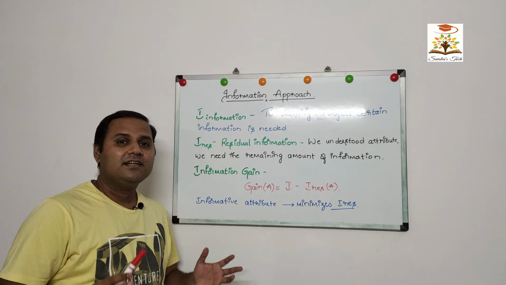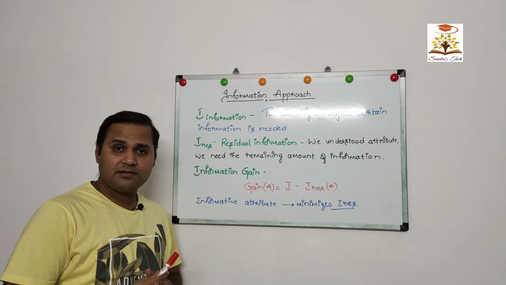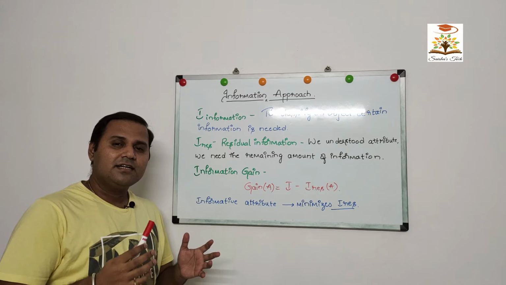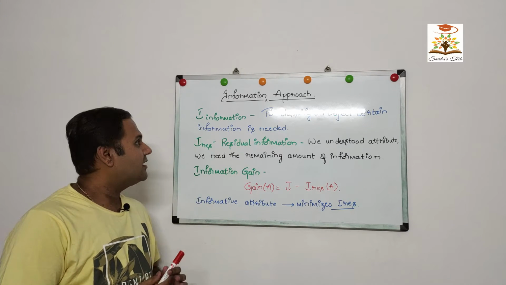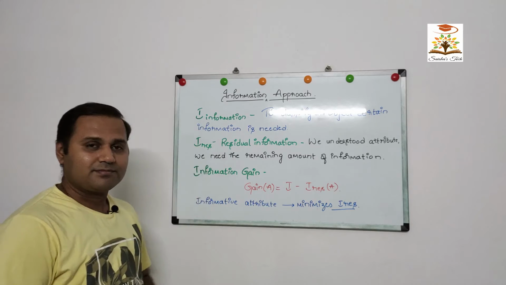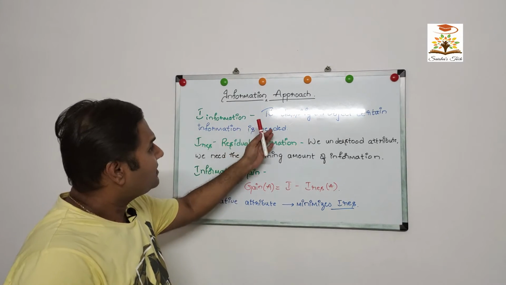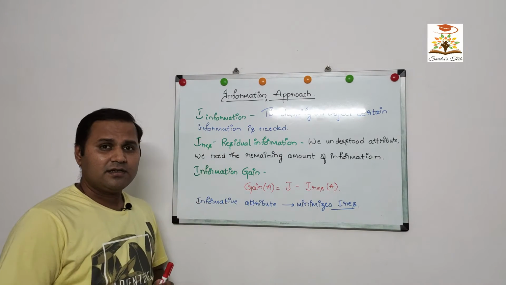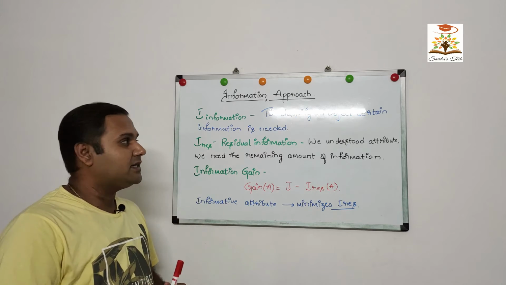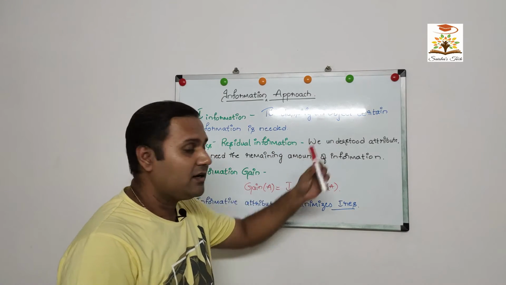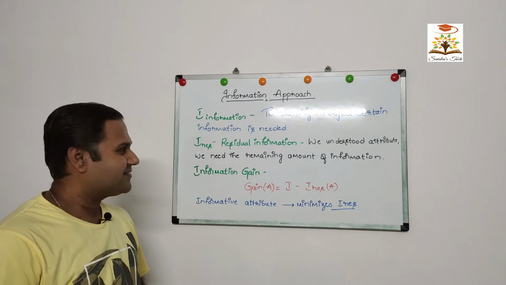Let us understand the information approach for understanding the decision tree for classification. Information: it is the information about an attribute which is required to classify an object.